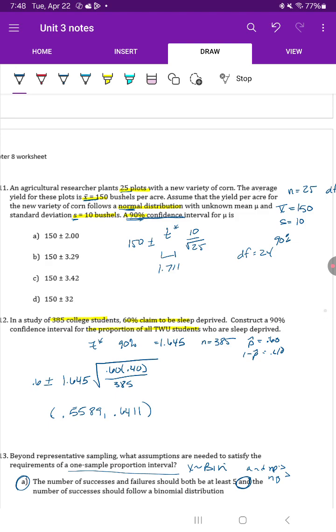So if I say 1.711 times 10 divided by the square root of 25, it's going to give me 150 plus or minus 3.422. So this is going to be my confidence interval. I can either write it like this, or I can write it where I multiply things out, or add and subtract things.